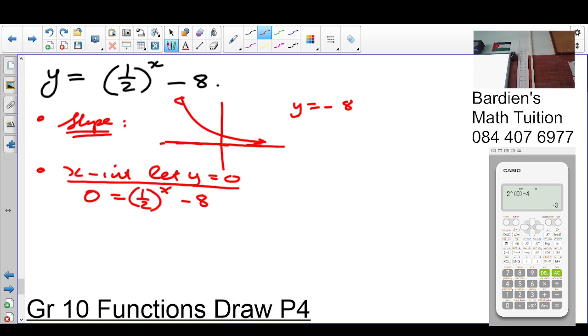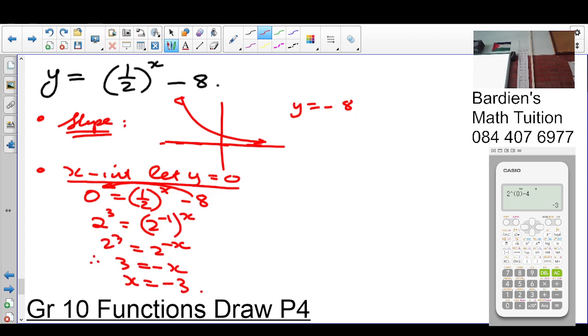So what do I do now? Bring 8 over the equal sign. It's 2 cubed is equal to (1/2)^x. But the half can be written as what, people? See, the bases are not the same. The half can be written as 2 to the negative 1, raised to x. So 2^3 is equal to 2^(-x). Therefore, 3 is equal to minus x. So x equals negative 3.